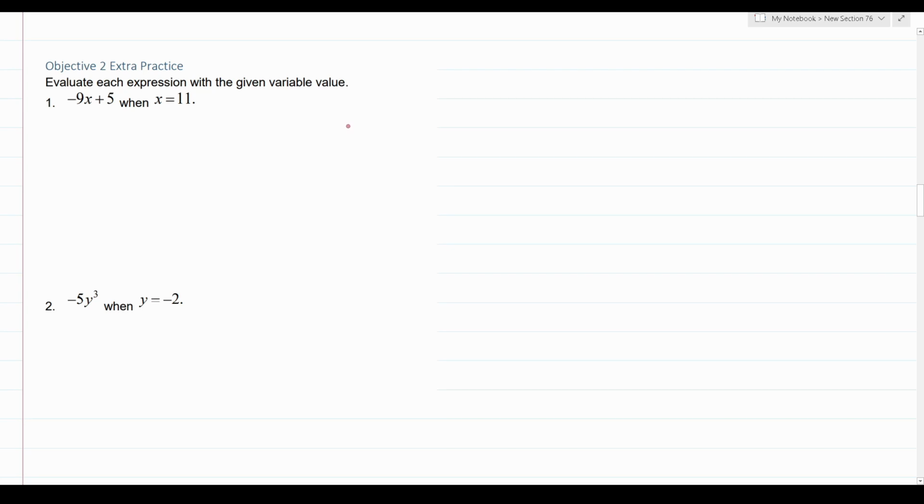All right, so number 1 here says evaluate the expression given the variable value. So we know x is going to be 11, and our expression is negative 9x plus 5. So first we're going to plug in 11 for x. This becomes negative 9 times 11 plus 5. And I'm not going to write out the order of operations at this point. We only have 2 operations here.